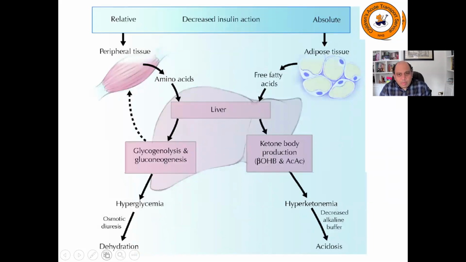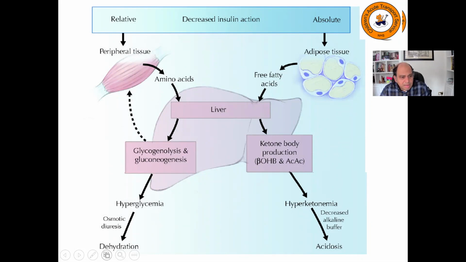Just very quickly then, thinking about why there is acidosis in DKA, and I won't go into too much detail. Essentially you produce ketones because of free fatty acids being converted into ketones in diabetic ketoacidosis, and you get two types of ketones, as you probably know, beta-hydroxybutyrate and acetoacetate, and these cause hyperketonemia, which then leads to the acidosis.